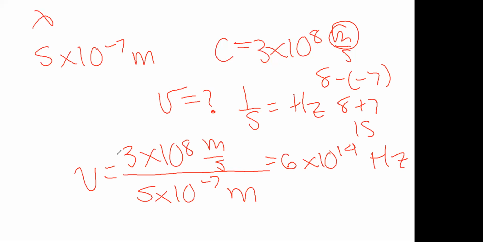So if you divide 3 by 5, what are you going to get? 0.6. Okay, 0.6 times 10 to the 15.